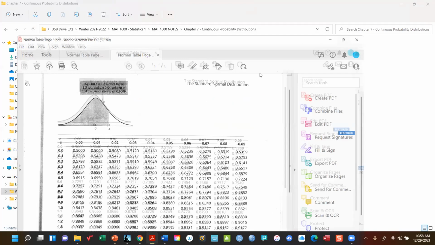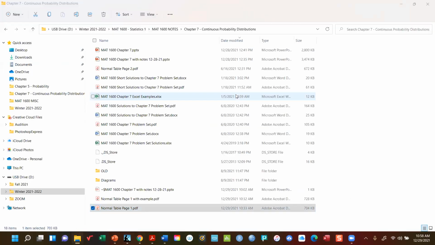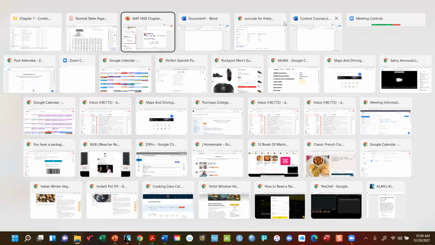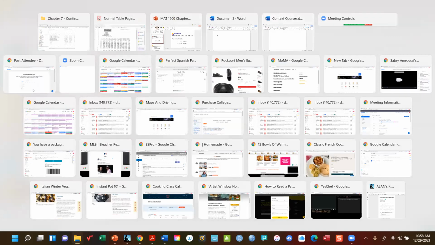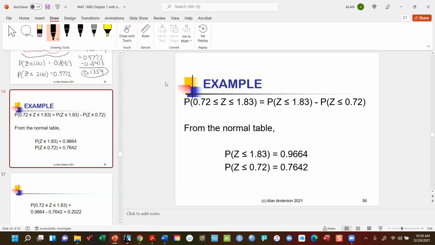There we go. So it looks like we're looking for the probability of being between 0.72 and 1.83. Oh, whoops, what am I doing? Sorry, it's 0.72 and 1.83.